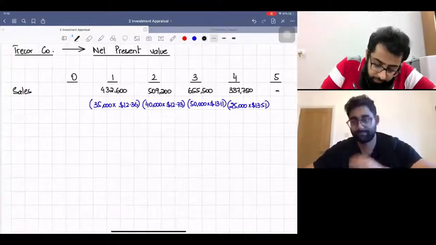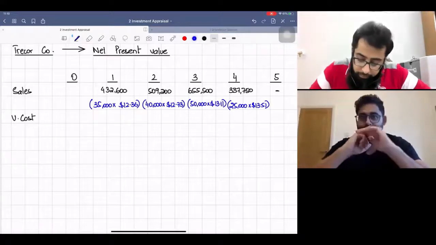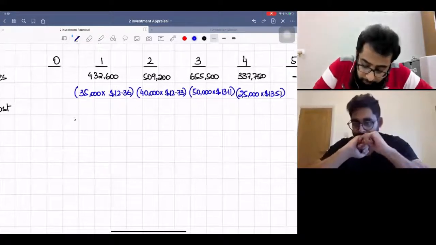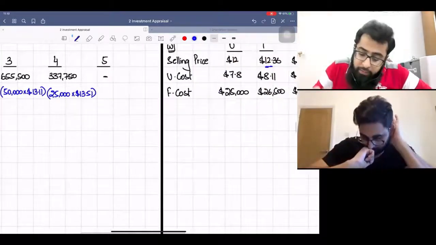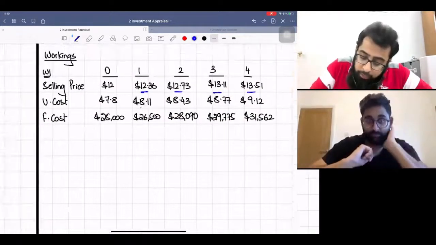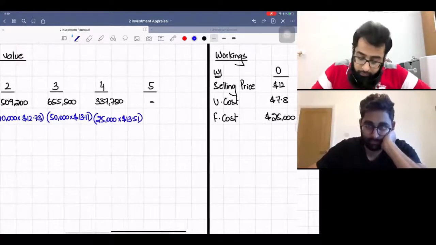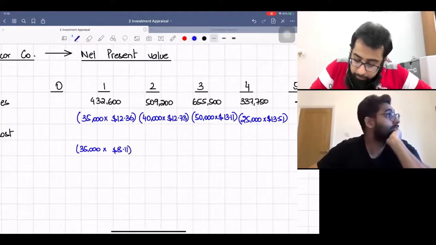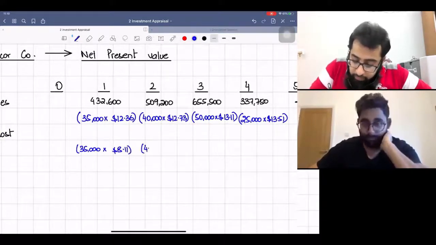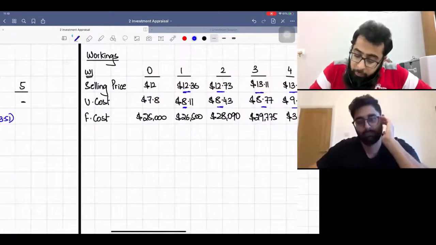Now, then there will be variable cost. Simply you will start multiplying the units with variable cost. Your variable cost amounts are 8.11, 8.43, 8.77 and 9.12. So 35,000 multiplied by 8.11, then 40,000 units multiplied by 8.43.